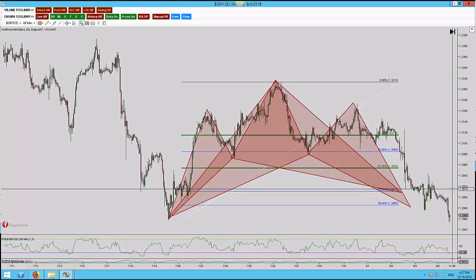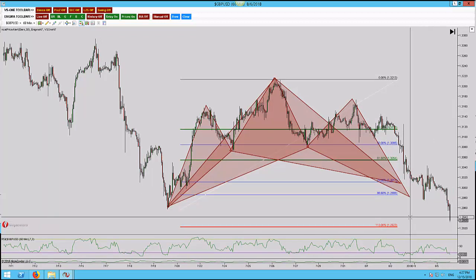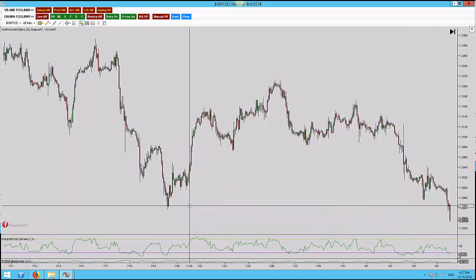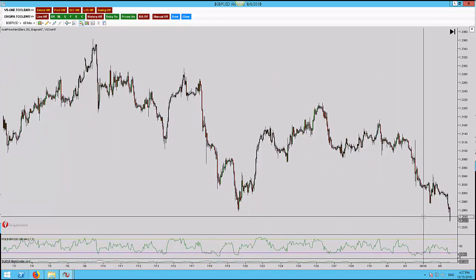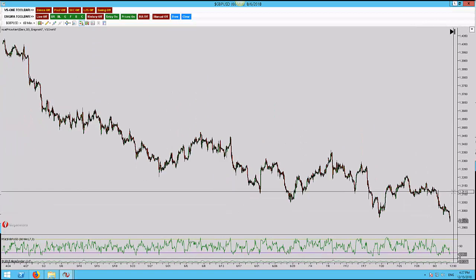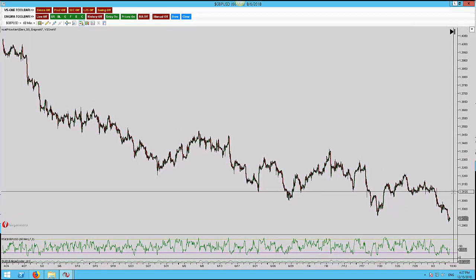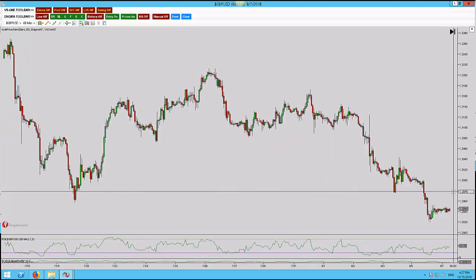So we did get down to that point, and we actually closed below it, so there was no entry signal there for me on those two trades. For me it just adds more confluence to those advanced patterns, because I don't trade them unless I have additional confluence like that, and it's just saved me quite a lot of pips there on that potential trade.